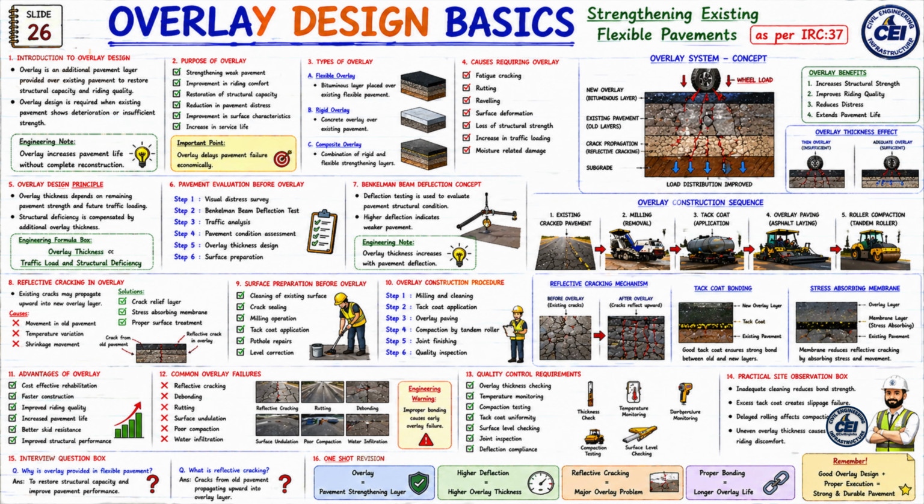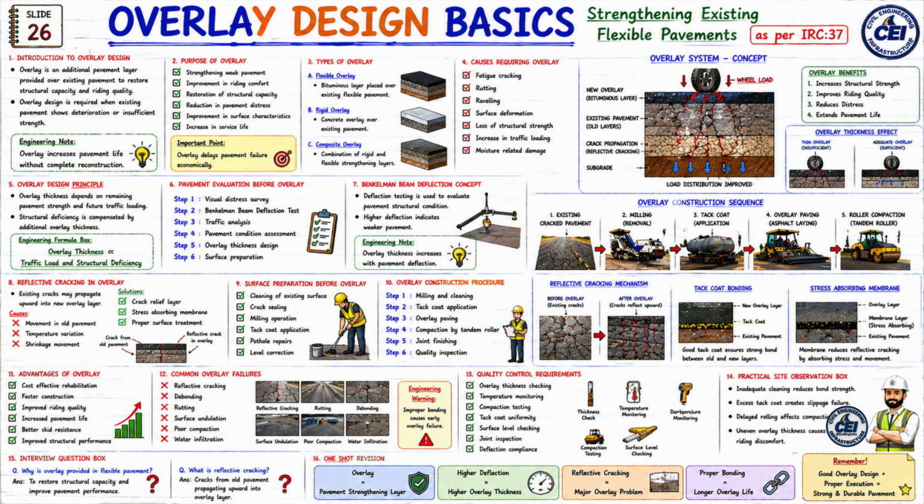Now let us look at the right side, the overlay system concept. The new overlay layer is shown above. Below is the existing pavement, and cracks seem to be propagating upward. This is called reflective cracking. Now what is the important thing here? Overlay improves load distribution and reduces pavement stresses.